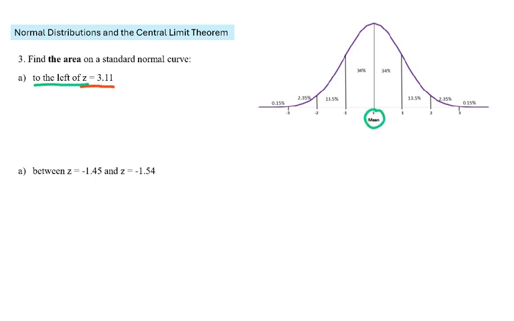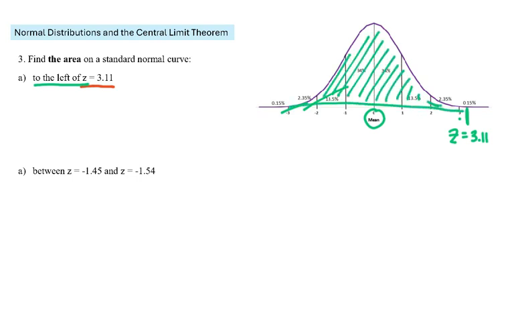Here's the mean, z equals 0. Here's 3 standard deviations, that would be z equals 3. So 3.11 is going to be somewhere here, and we want to know what percentage of the data falls to the left of this. It's most of the data, in fact almost all of the data.